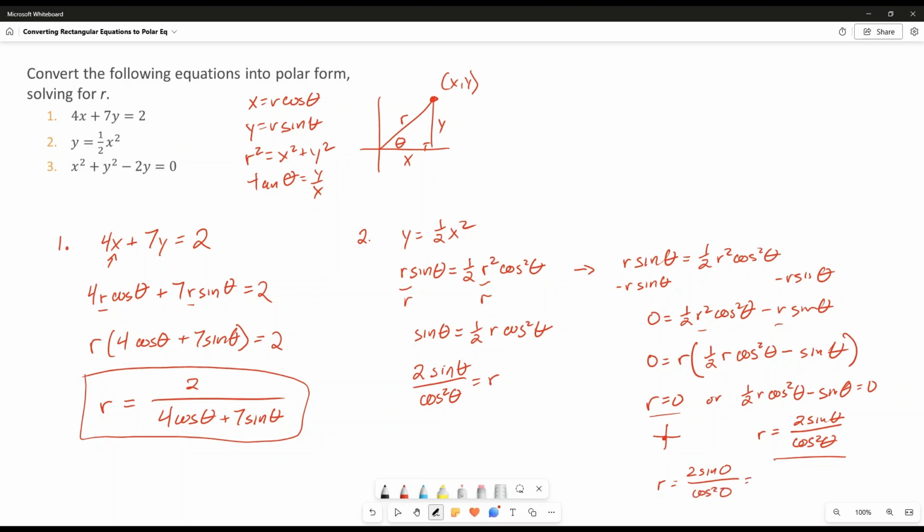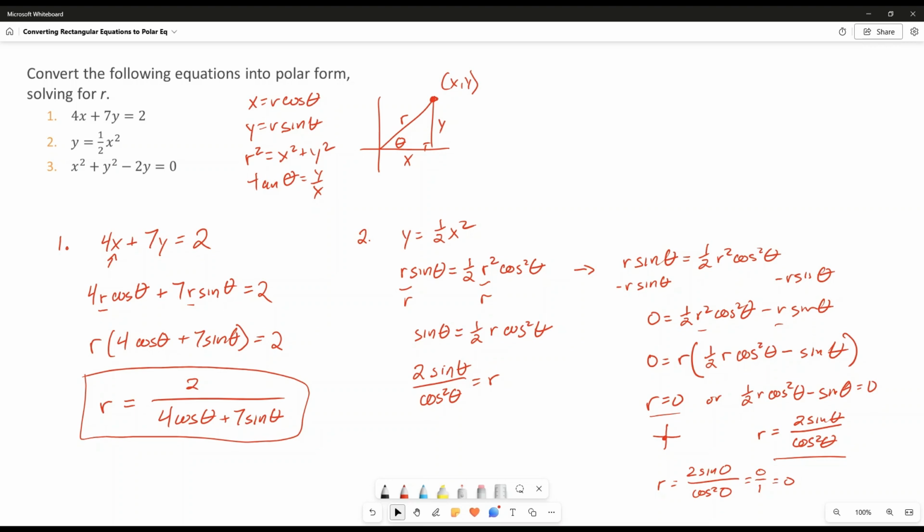Well, sine of 0 is 0, so 2 times 0 is 0. And then cosine of 0 is 1, and 1 squared is 1. So that ends up giving me the fraction 0 over 1, which is, in fact, 0. So the r equals 0 solution I actually get in my other equation. It's a secondary solution that's already included in the main one that we want.